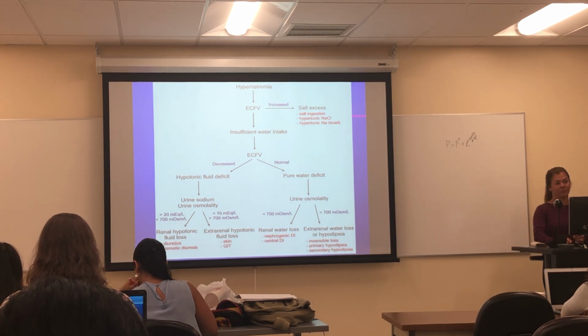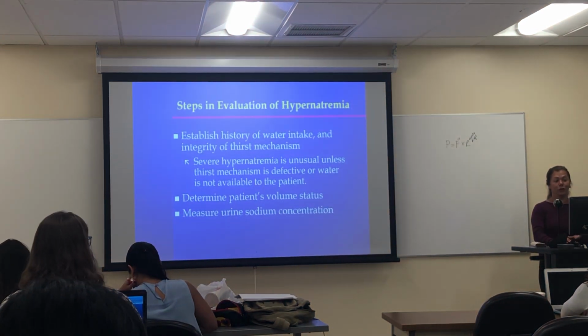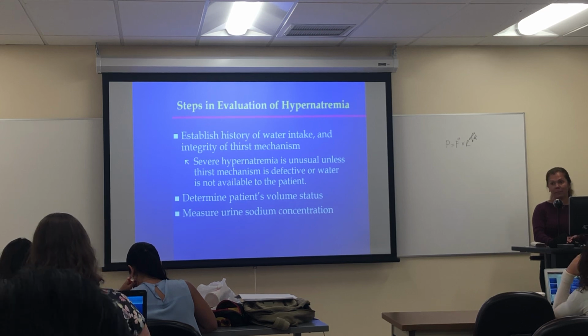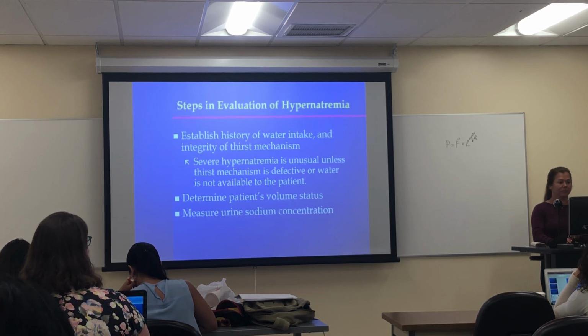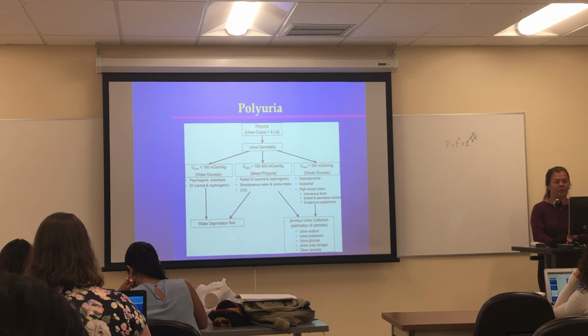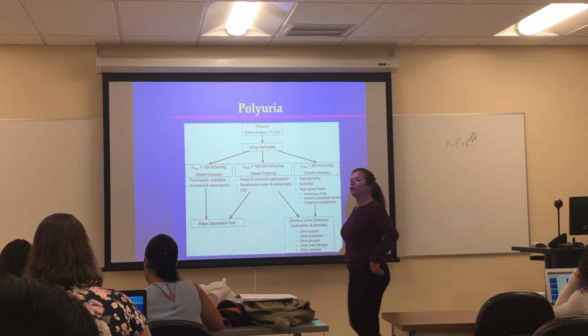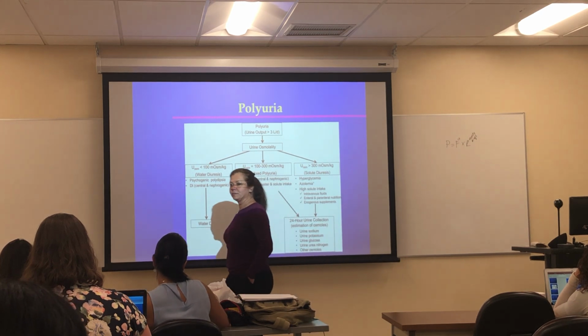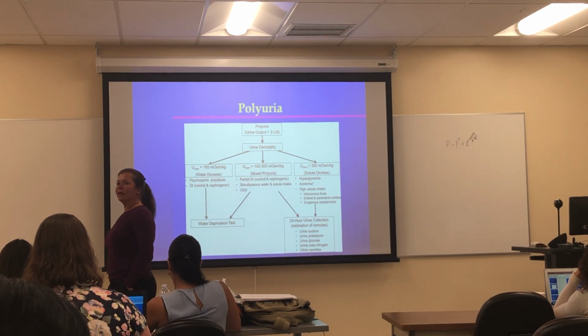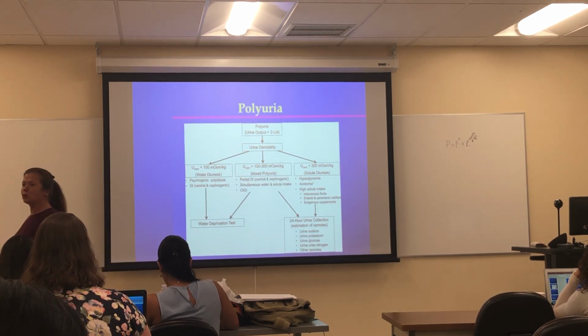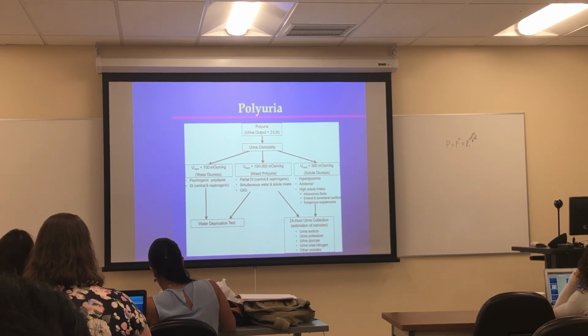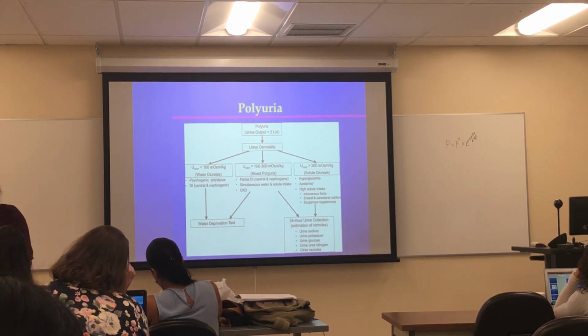No? All right. So these are the stats, which I'm not going to read. Remember how you treat diabetes insipidus? Remember that in diabetes insipidus, the first question you have to ask yourself is, am I diluting?